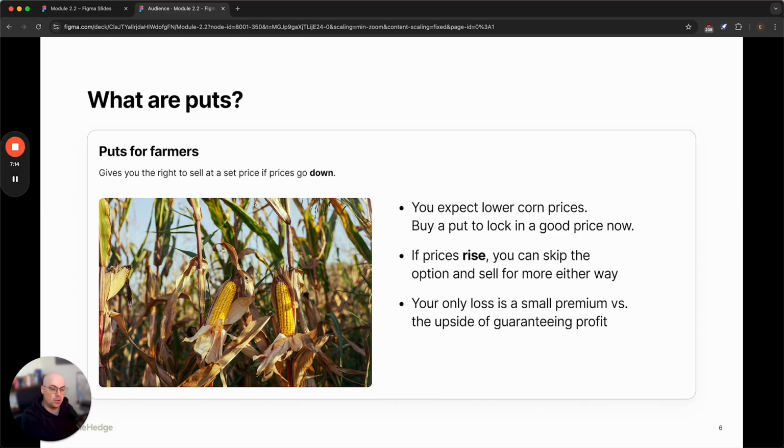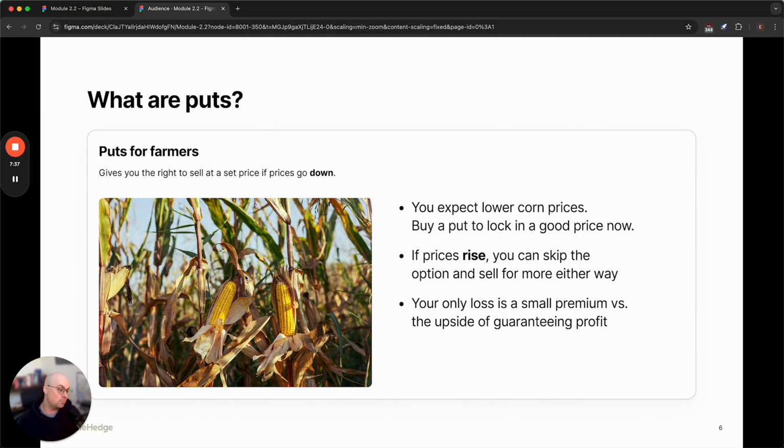So puts versus calls. Puts for farmers give you the right to sell at a set price if prices go down. And that set price is the strike price that I mentioned before. So if you expect lower corn prices or you just want to protect yourself, you buy a put as a farmer to lock in a good price.